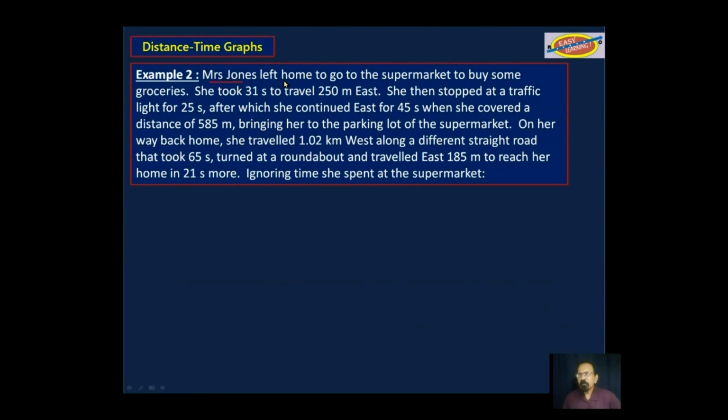Mrs. Jones left home to go to the supermarket to buy some groceries. She took 31 seconds to travel 250 meters east. She then stopped at a traffic light for 25 seconds, after which she continued east for 45 seconds when she covered a distance of 585 meters, bringing her to the parking lot of the supermarket.